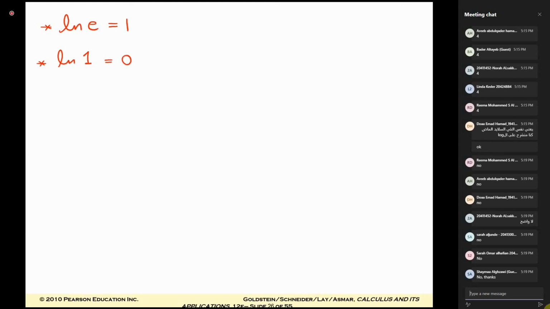Okay, now also sometimes we have e to the power ln x. If we have e to the power ln x, we can simplify this one. e removes the ln, so we have x.